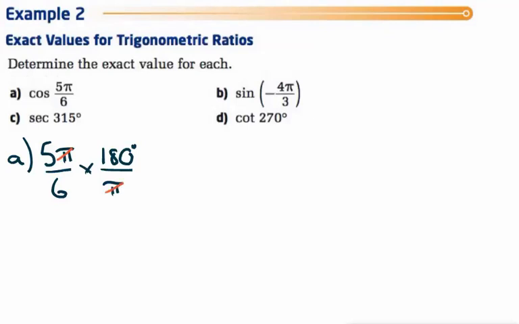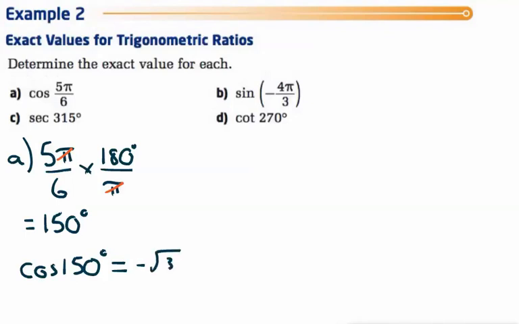Pi's cancel, and we've got 150 degrees. So in A, what we're actually being asked to find is cosine of 150. Take a look back in the table that we developed yesterday. Cosine of 150 is -√3/2.